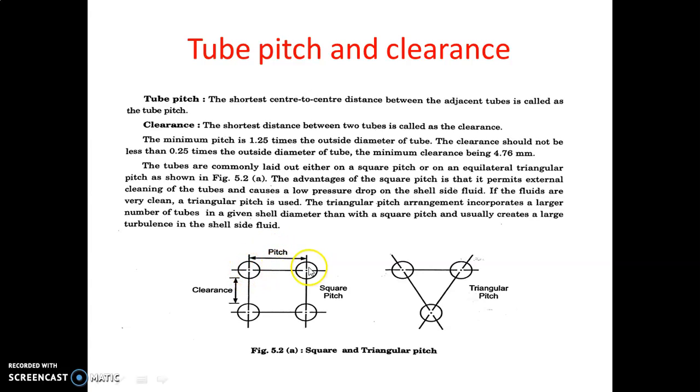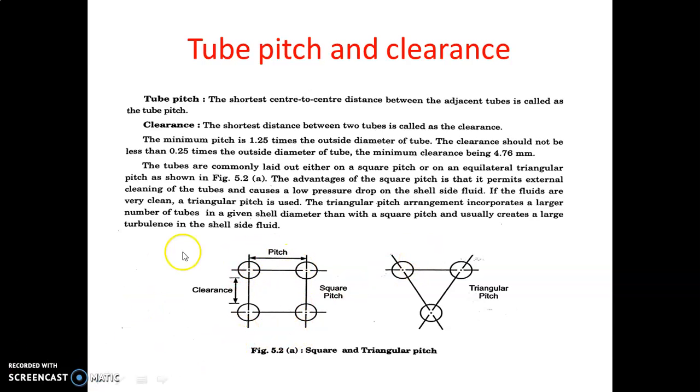In the square pitch we have fewer tubes in that heat exchanger. Pressure drop is important because the pump calculations depend upon pressure drop. Therefore, if you want low pressure drop in a heat exchanger, you have to keep the square pitch.